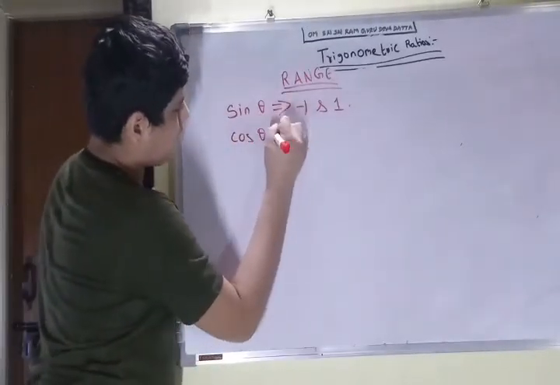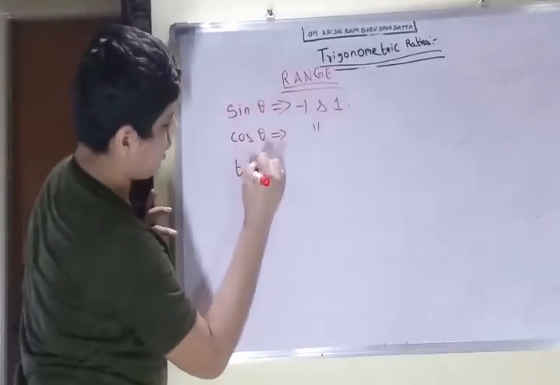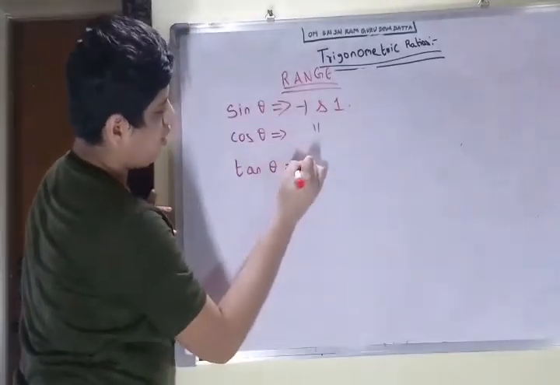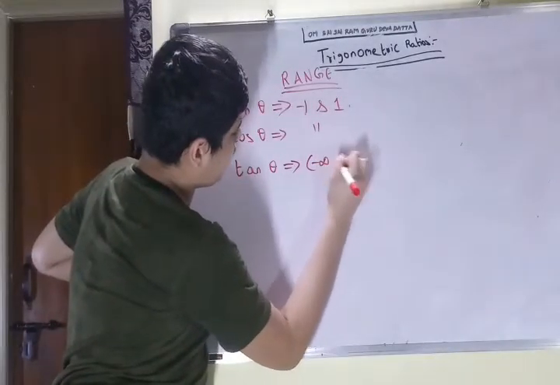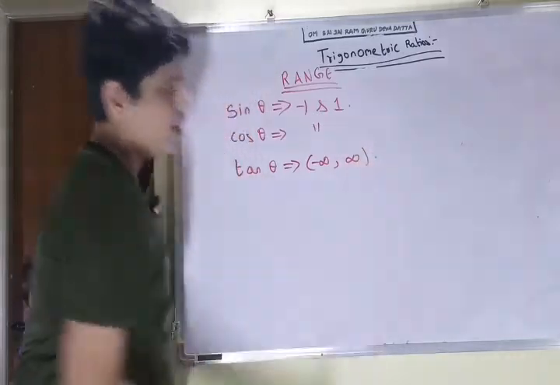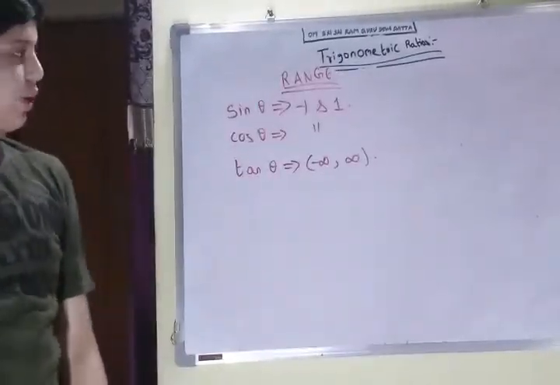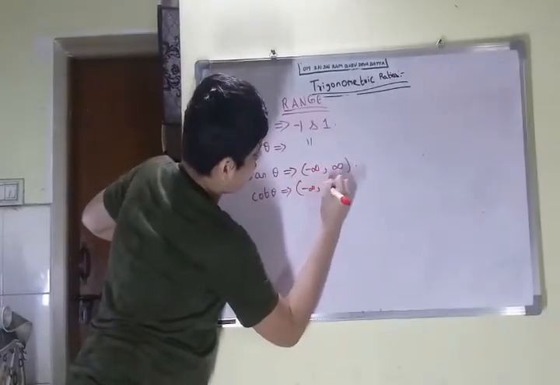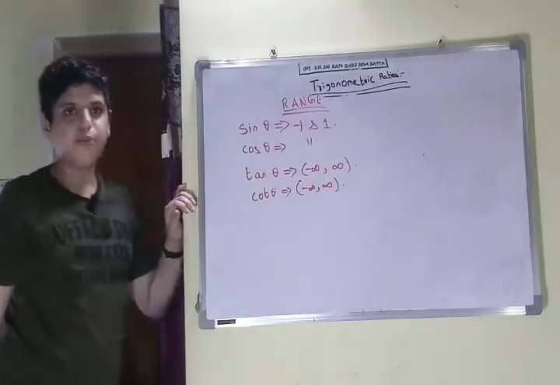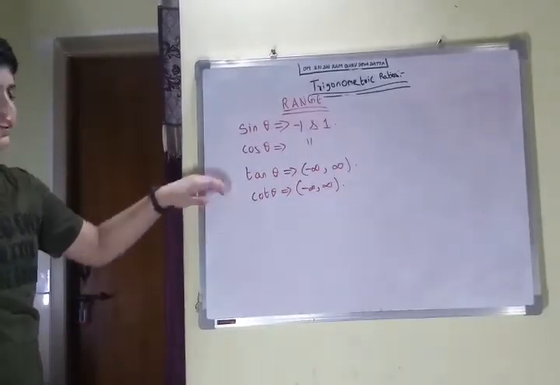Same for cos theta, minus 1 and 1. For tan theta, the range is between minus infinity and infinity. It means that it can be any value. There are no restrictions for tan theta. It can be any value from minus infinity to infinity.